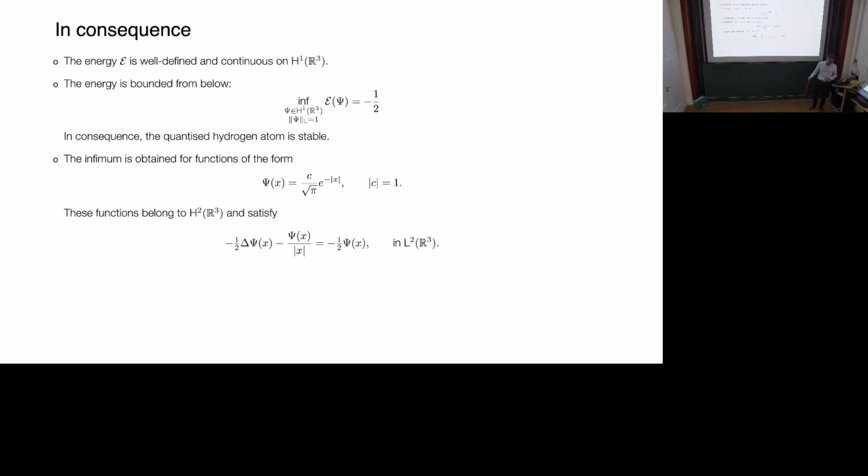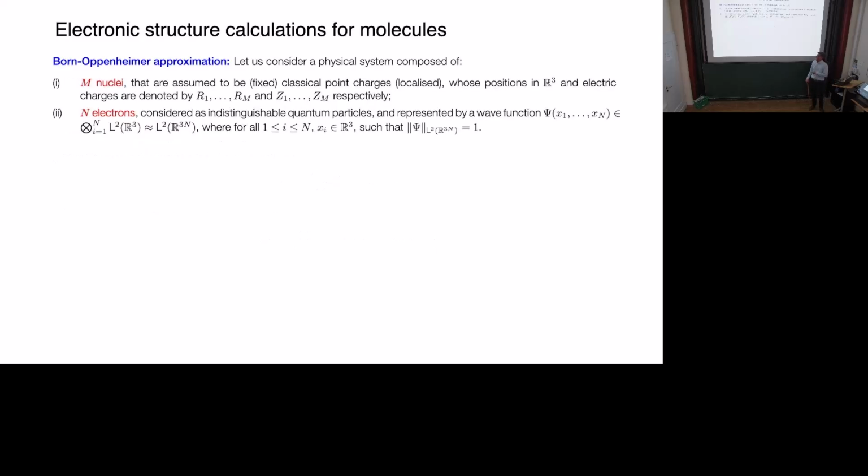Now, a molecule has several atoms and several electrons, and I'm not going into full details, but we assume the so-called Born-Oppenheimer approximation. That means that the nuclei are considered classical particles.